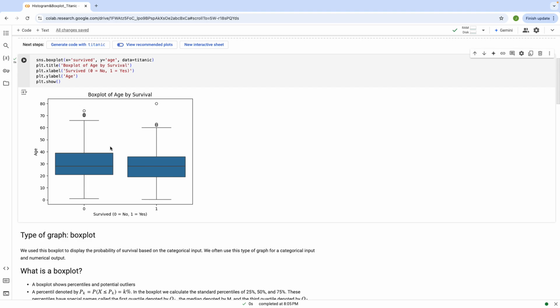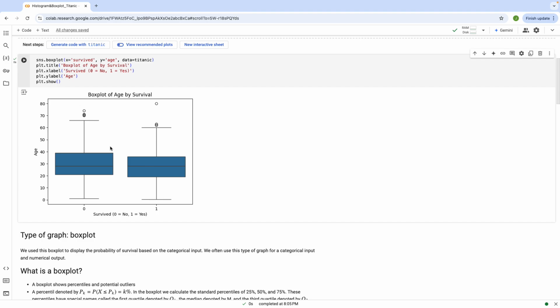There can be more than one category for the response, or even just no category for the response. A common thing to do with a box plot is to compare two populations. In this case, we'd be asking the question, is there a difference of survival based on age?